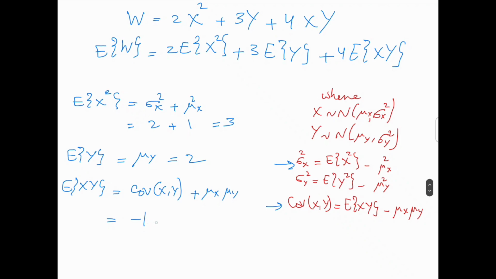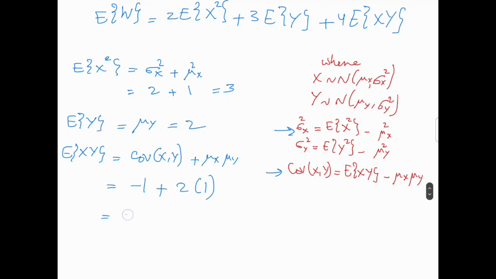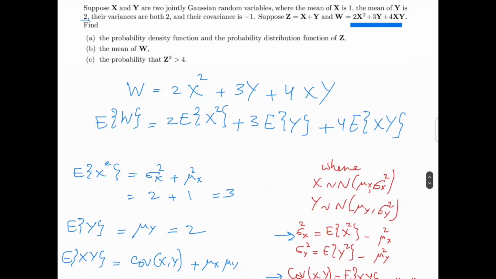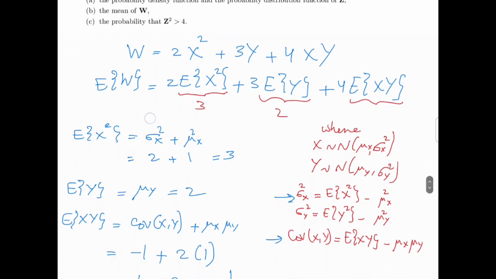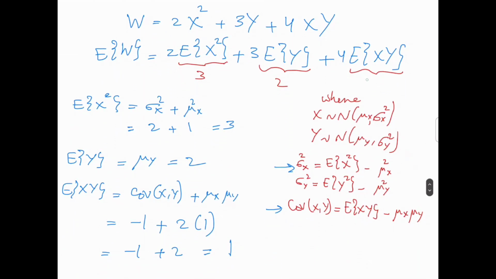The covariance is given by -1 in the question, mu x is given by 2, and mu y is equal to 1. So the answer will be -1 plus 2, which is 1. Now substituting these values, E of x squared is 3, E of y is 2, and E of xy, the correlation, is 1. So we have 2 times 3, which is 6.